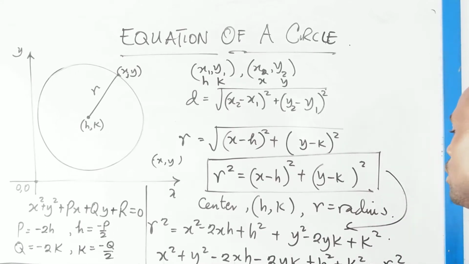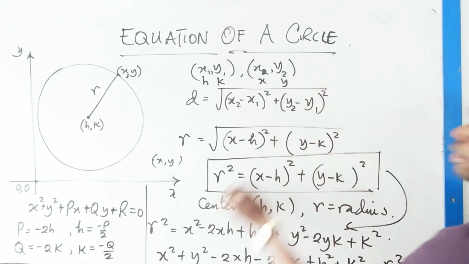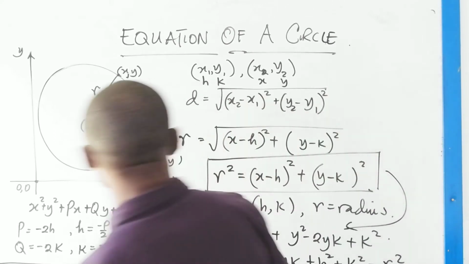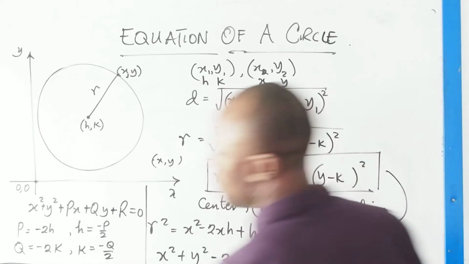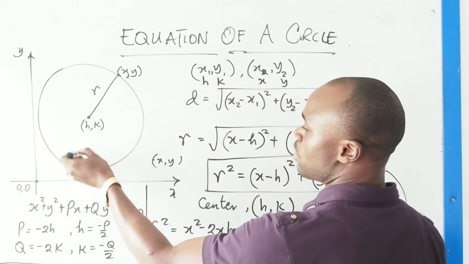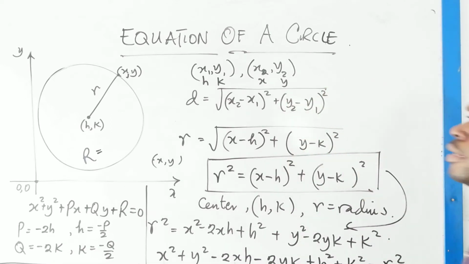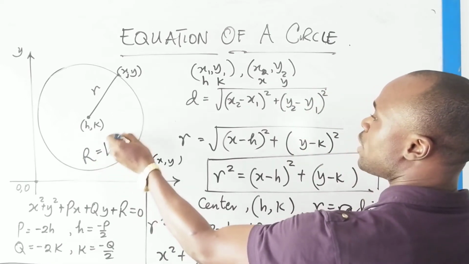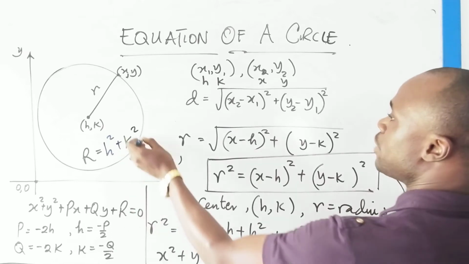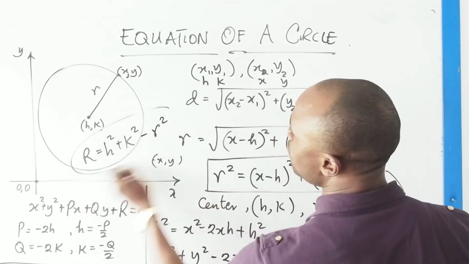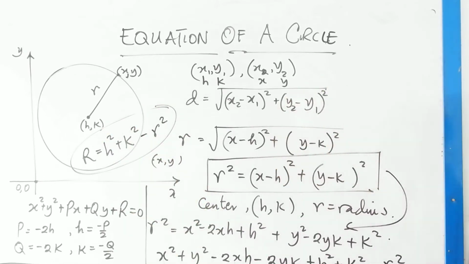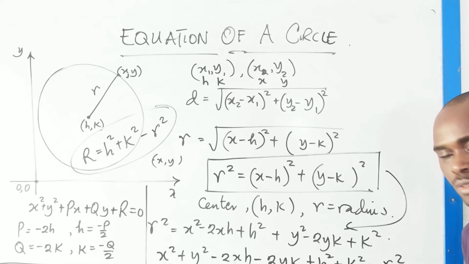What is next? What is next is R. So my R in this case is simply h squared plus k squared minus r squared. So this is my R, and that is my p and q. So the question is now, how do I obtain these values?